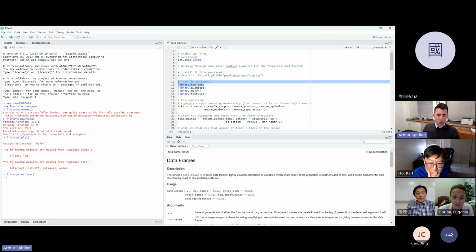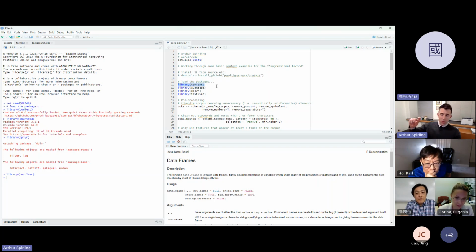But this is the package that we wrote. It's called conText. It's on CRAN, the central R repository. I'm actually using the most recent beta version, which is not yet on CRAN but is maintained on my co-author's GitHub. As you can see, it's loading okay.